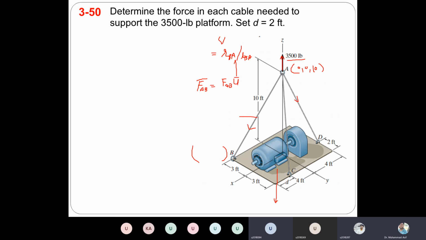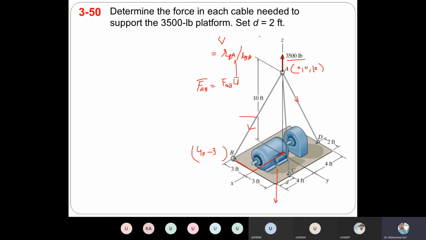You have to start from the origin. From here you have to move in the positive x direction. That's 4, and then minus 3. So 4 comma minus 3.